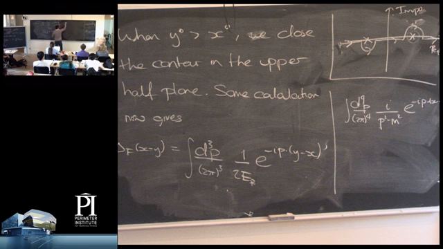So finally, when y0 is greater than x0, we just run the whole argument in reverse.